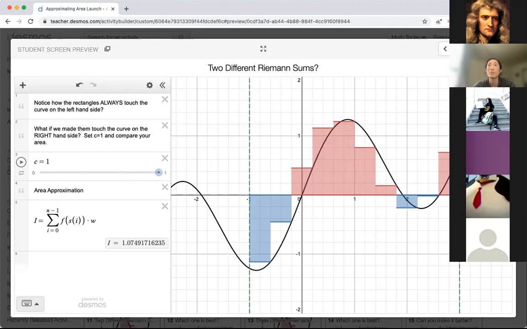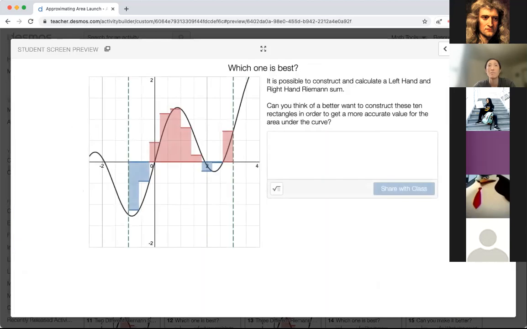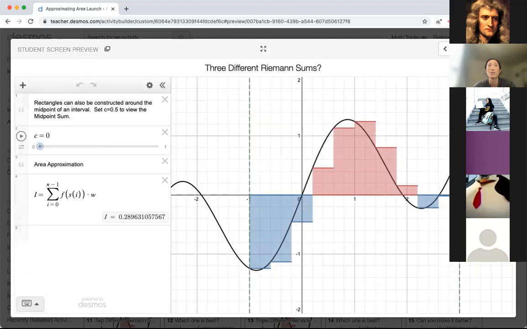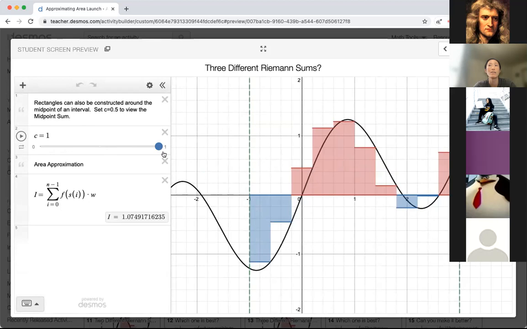Now, what you'll be able to look at on your own time is thinking about some other ways. All right, so this is the left, this is the right. But remember earlier, I think it was Josh said the other approximation, which is valid, but there's secretly a third one, which is the midpoint approximation.